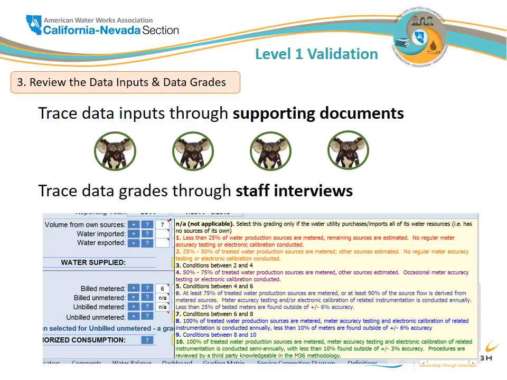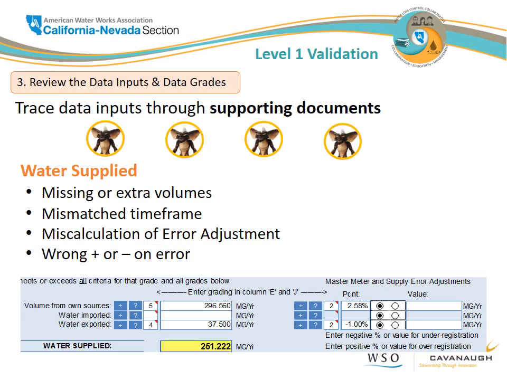What we're going to do now is take a look at some typical gremlins we're on the lookout for as we work through the review of the data inputs, starting with water supplied. Of course, the gremlins that can exist in those supply meters, which we talked about in the earlier part of this segment, exist.